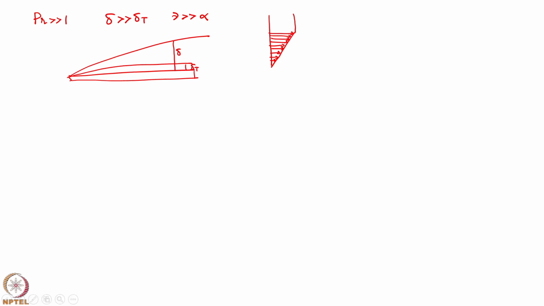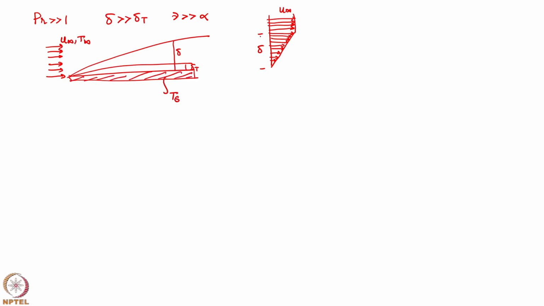I am assuming the velocity profile to be linearly varying because it is very small, so it is a reasonably good assumption. This thickness is delta. Remember, there is a flow u infinity, T infinity, and the temperature of the plate is Ts.